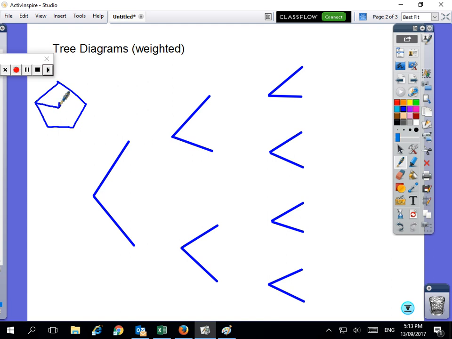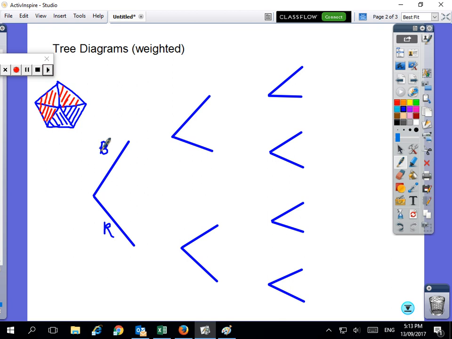You spin it around, and you can get 5 different outcomes. Maybe 2 of them are blue, and 3 of them are red. So when you spin this spinner around, you can either get a blue or a red.